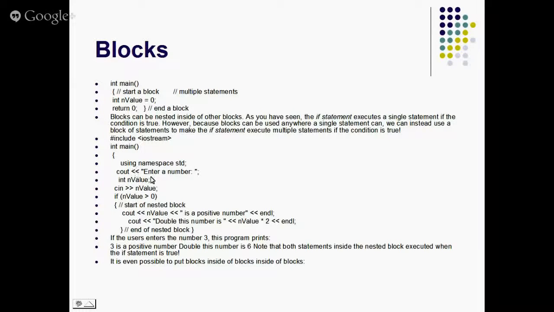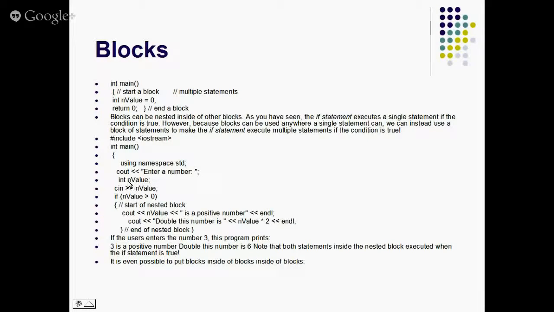So in this program, we are asking for a number. Cout will display a message on the screen, enter a number, and int n value is declaring that variable n value. So a variable n value is being declared. Whatever number the user enters will be taken in n value.